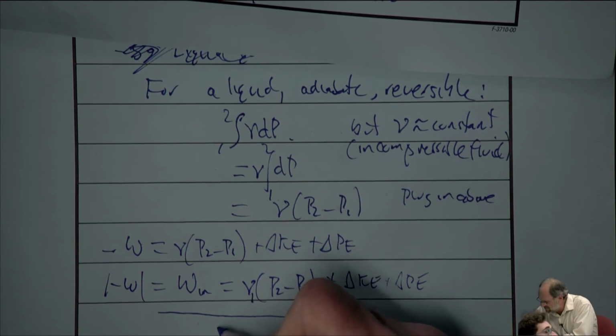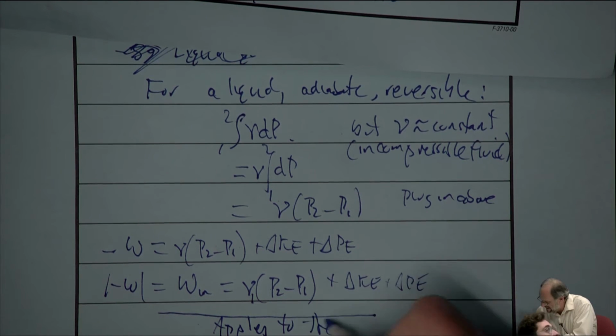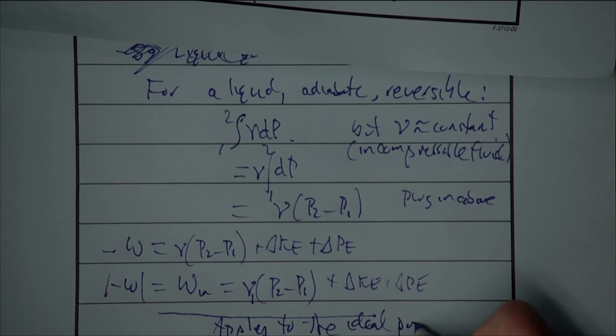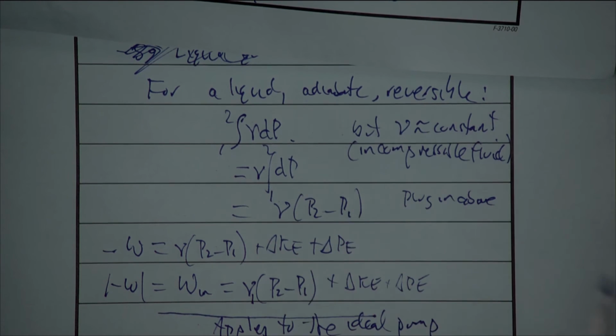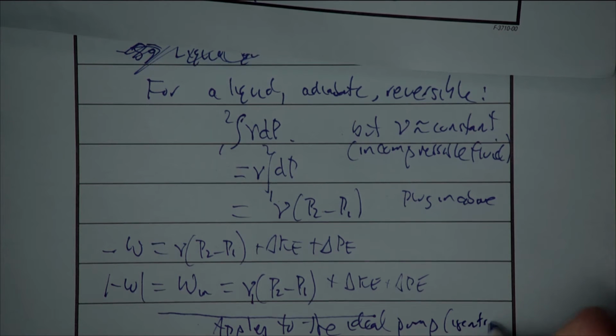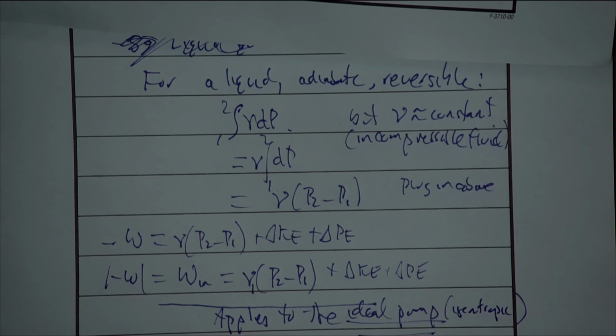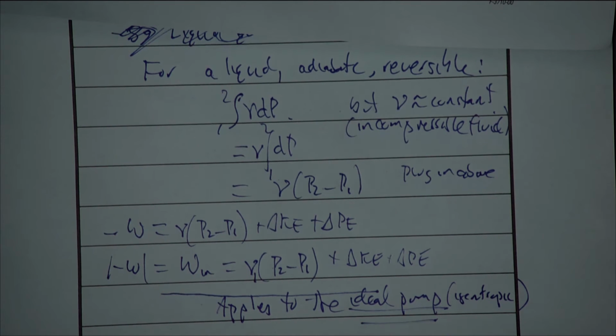So this basically applies to the ideal pump, one that is both adiabatic and reversible, and therefore isentropic. Okay. So that's all we really need out of section 7-10.